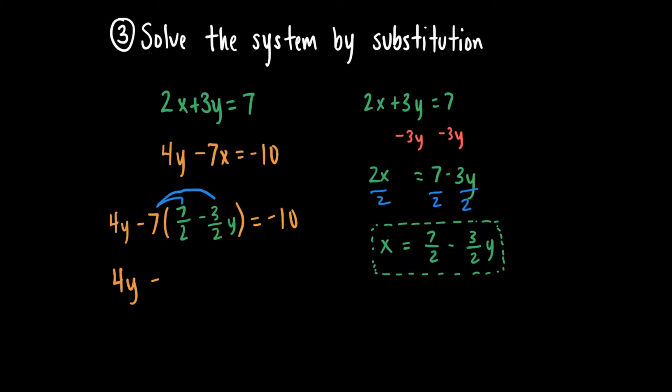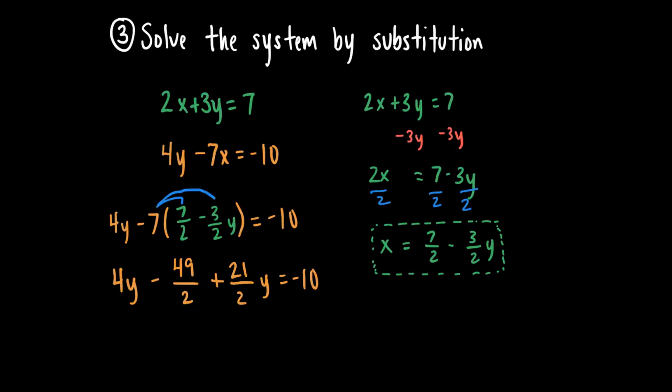So this will be minus 49 over 2. So that's negative 7 times 7 halves. And then if we do negative 7 times negative 3 halves y, that will give us plus, because there's 2 negatives, 21 over 2 y. That's going to be equal to negative 10.